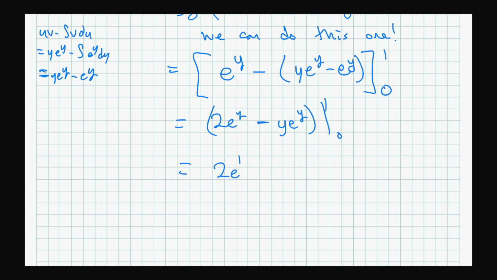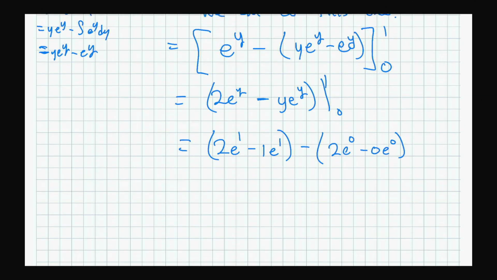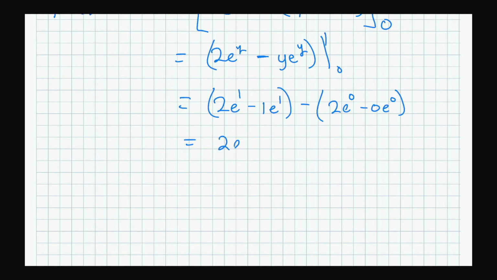So put in the 1, minus, then you put in the 0. This is 2e minus e minus 2. So 2e minus 2, and that is e minus 2.